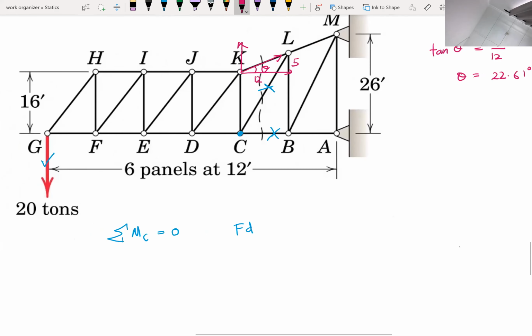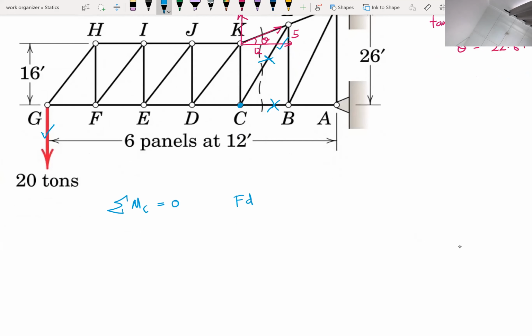So we have two forces here, this one and this one. Now it's time to calculate. We take the external force first, which is 20, times downward, going to C, which is 1, 2, 3, 4.